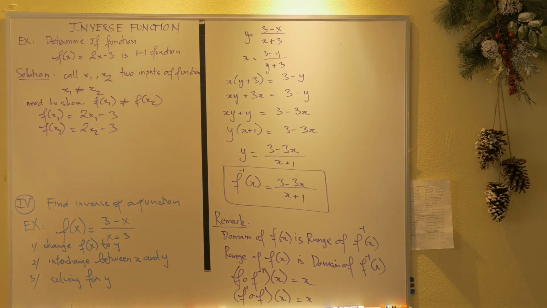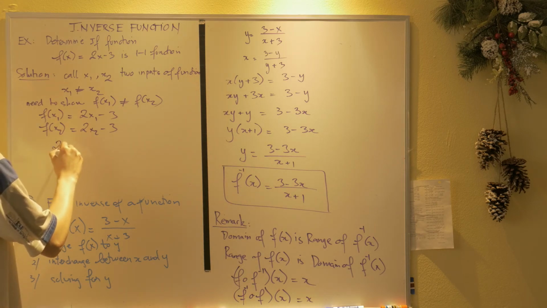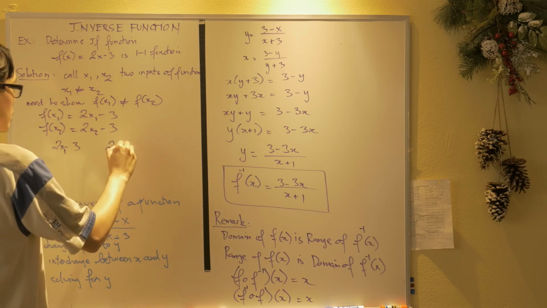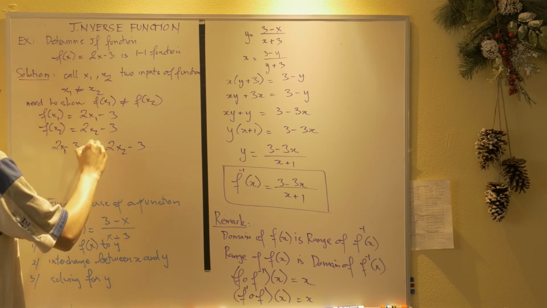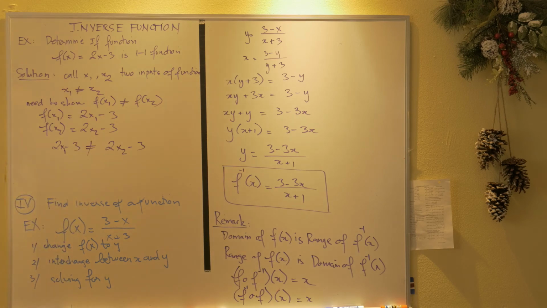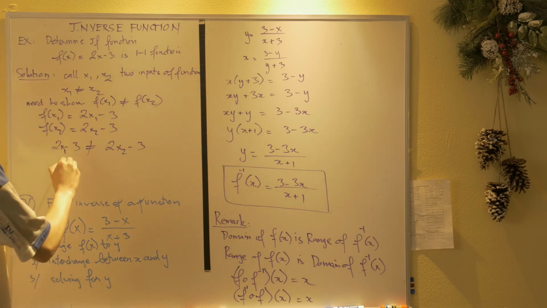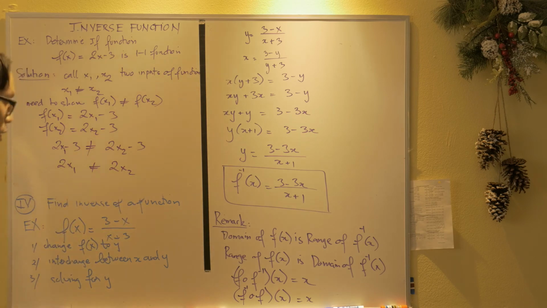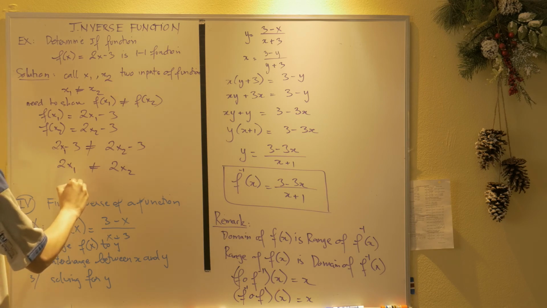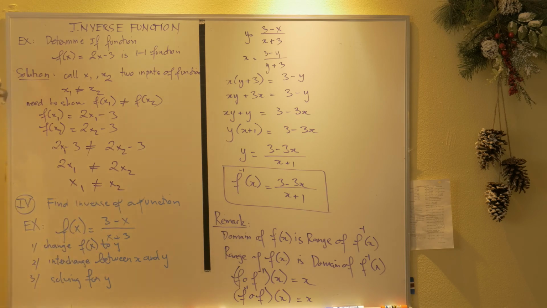Now do you think that f(x1) is different from f(x2)? It is, because 2x1 minus 3 and 2x2 minus 3 are different. Because 2x1 is different from 2x2, because x1 is different from x2, which is given.